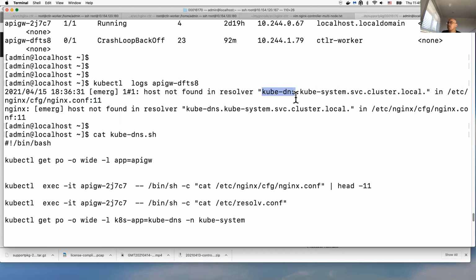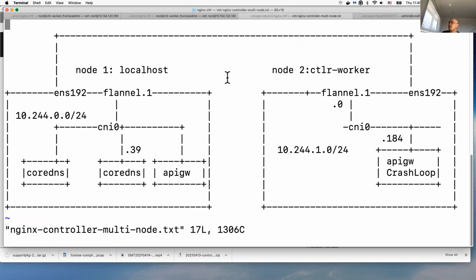But then you may ask why we don't use iptables trace to trace the packet. The reason the iptables trace will not be useful here is that, as I said earlier, the communication between pods across nodes is through a VXLAN tunnel.